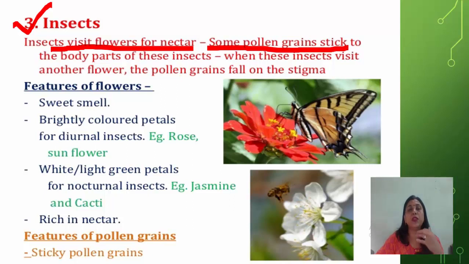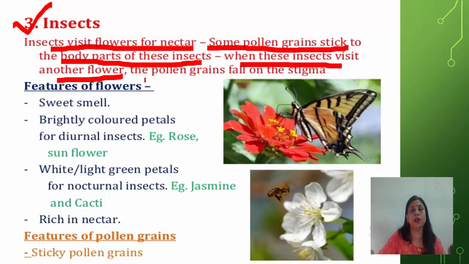In this process, when they are sucking the nectar of the flowers, some pollen grains stick to the body parts of these insects, on their bodies, their wings, their legs. Now when these insects visit another flower, the pollen grains fall on the stigma. In this way the pollination is done.